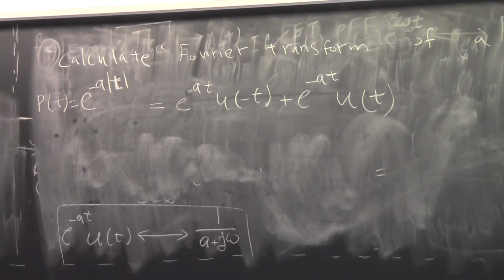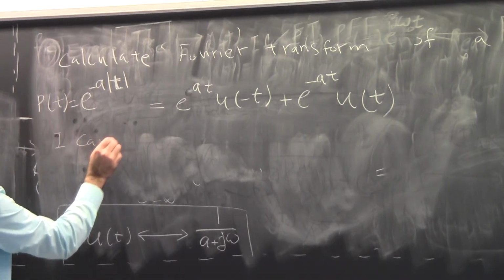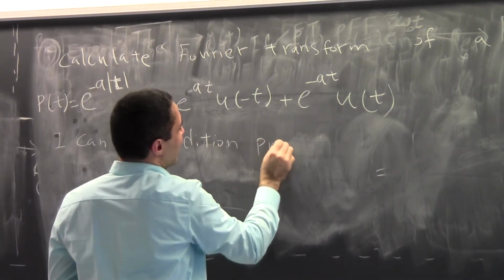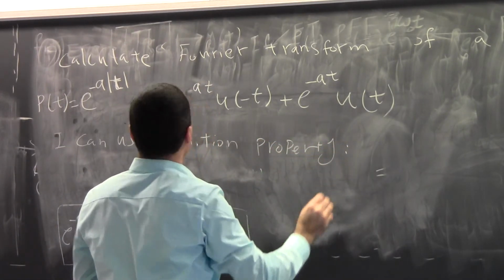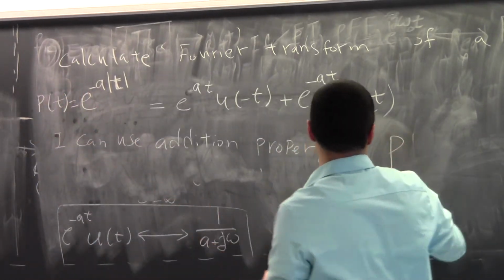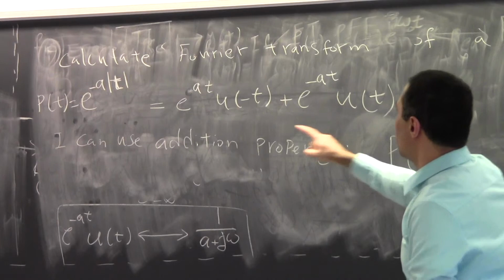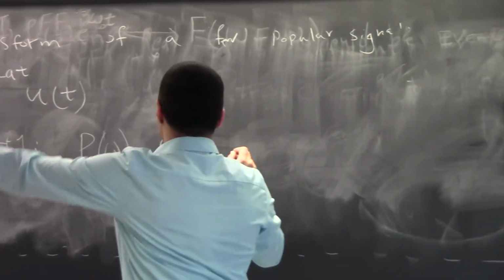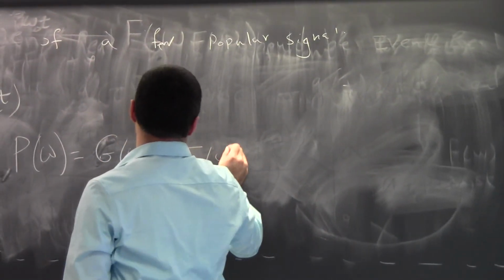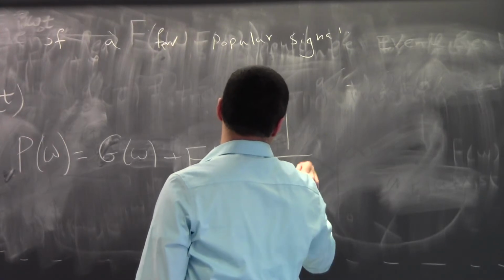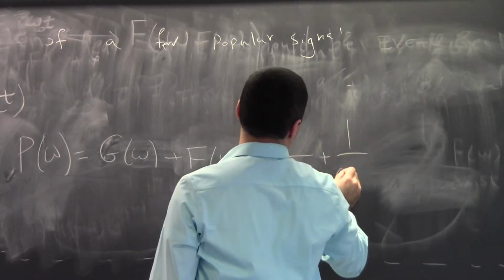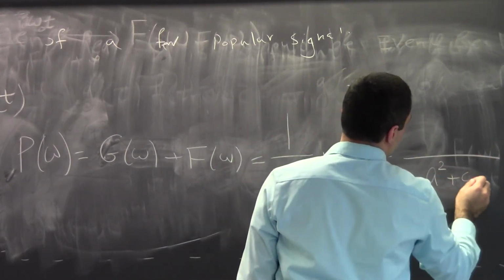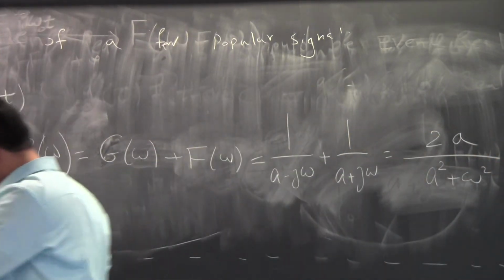Now I can use the addition property. So this signal p in Fourier domain, P omega, is going to be G omega plus F omega. This is 1 over a minus j omega plus 1 over a plus j omega. And if I keep calculating, that's what I did.